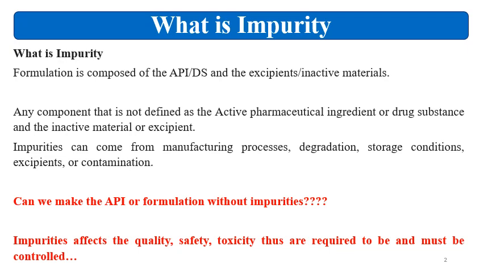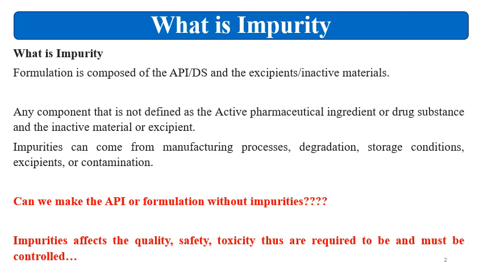Whenever you have an API or a formulation in your hand and you think about its composition, the API is the active pharmaceutical ingredient, or you may call it the drug substance.